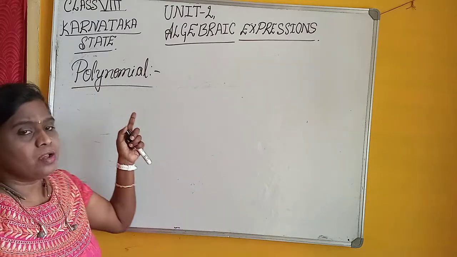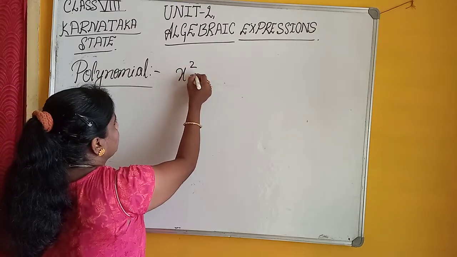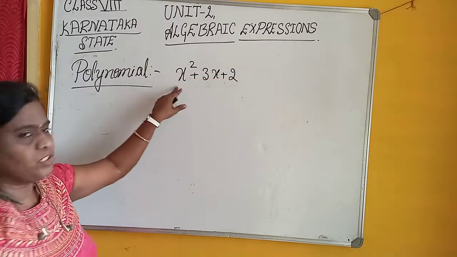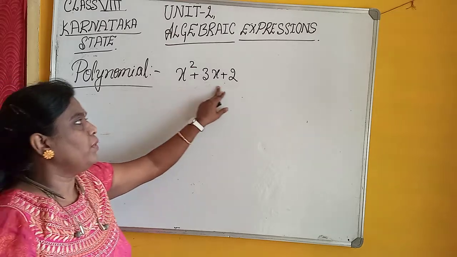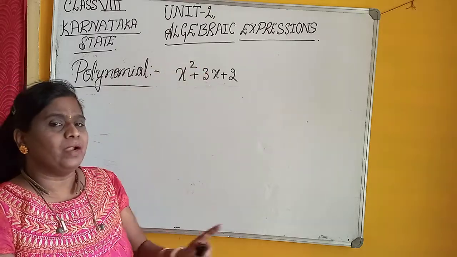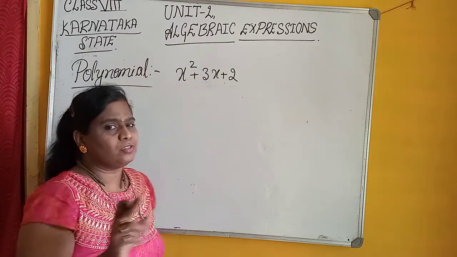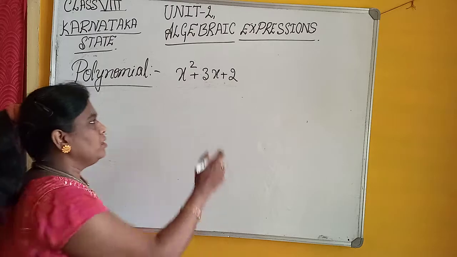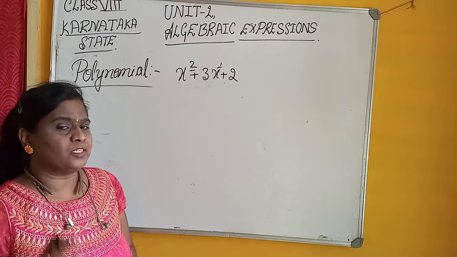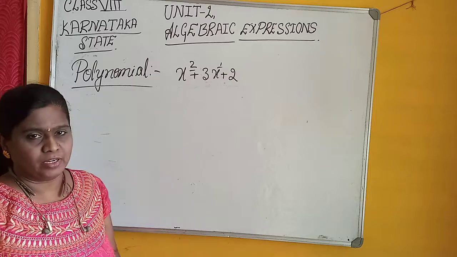It is also an algebraic expression. For example, consider xy plus 3x plus 2. Okay, it is an algebraic expression with variables having non-negative integral exponents. That means an algebraic expression with variables of positive integral exponents. Understood? The exponent should be positive. An algebraic expression with variables of positive exponents is called a polynomial.